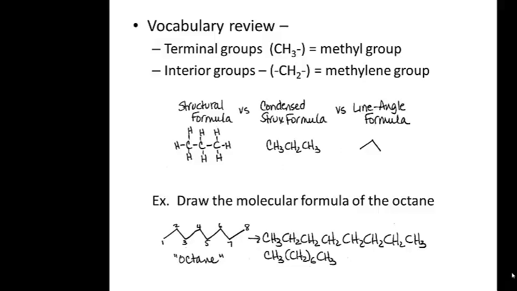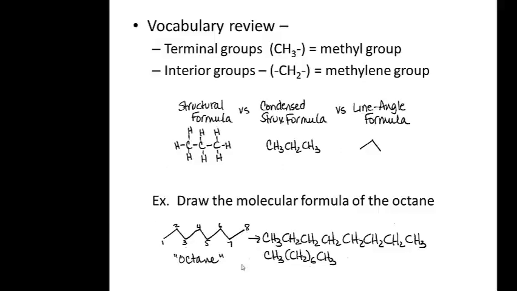If you look at the bottom of this slide, you'll see an example asking you to draw the molecular formula for octane. Oct is 8 carbons, and so what you should see here is carbon number 1, 2, 3, 4, 5, 6, 7, and 8. That's the line angle formula.